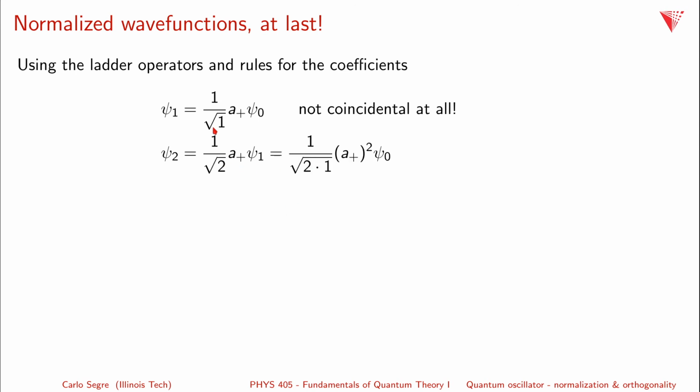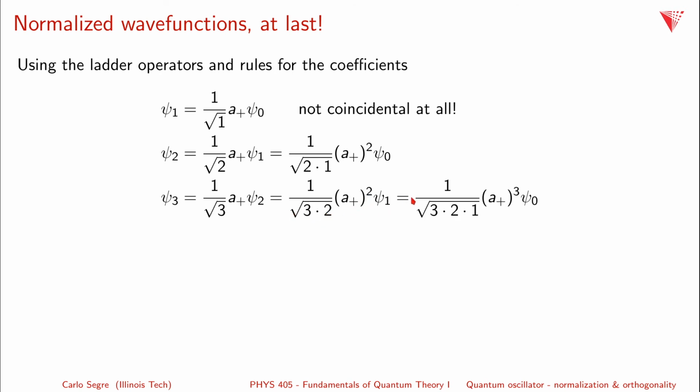And if we then repeat that out all the way down to psi 0, we get 1 over the square root of 2 times 1, and then you have A plus applied twice. Similarly, you can go to psi 3, and now you have 1 over the square root of 3 times 2 times 1, A plus cubed applied to psi 0.